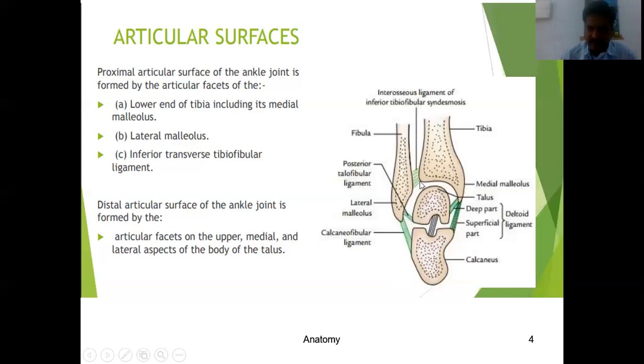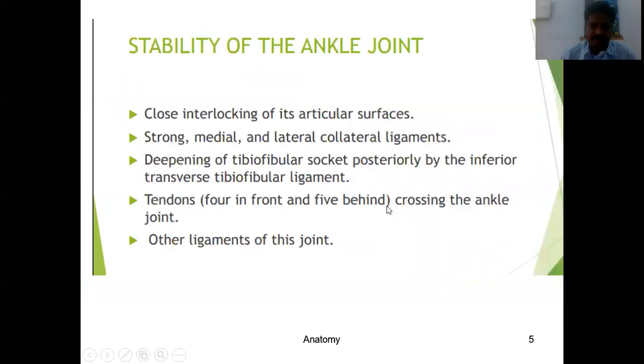This surface is concave and this surface is convex. These two surfaces interlock each other, thereby making the joint more stable. So that is what is called tibiofibular mortise, which is the concave articular surface of the ankle joint.